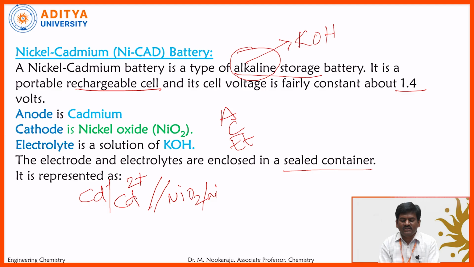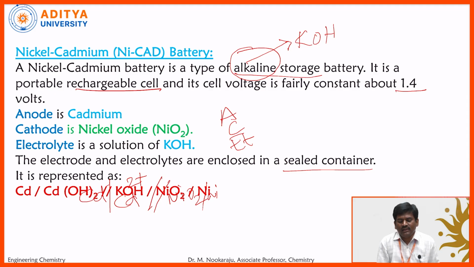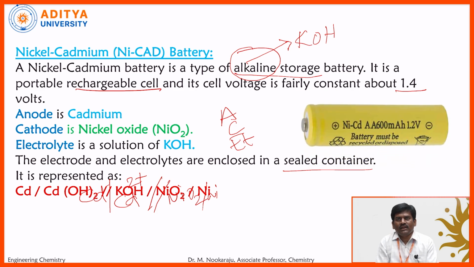Like this we represent it: cadmium, cadmium hydroxide, the electrolyte KOH, then nickel oxide, nickel. A schematic representation of the nickel cadmium battery is like this. The nickel cadmium battery having a potential of 1.2 volts and a capacity of 600 mAh is represented here. We can recycle or dispose of it.